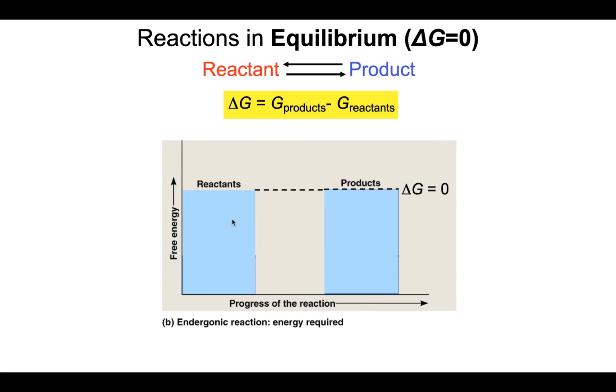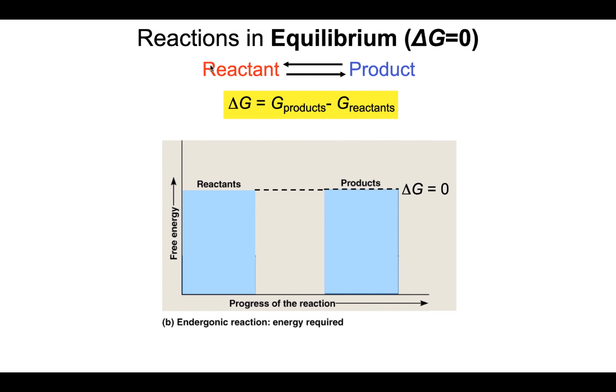More accurately, for every molecule of reactant that breaks down into a product, there's going to be a molecule of product that breaks down into reactant. And so the net effect is that there is no production of reactants or products. We have reached equilibrium in this reaction.